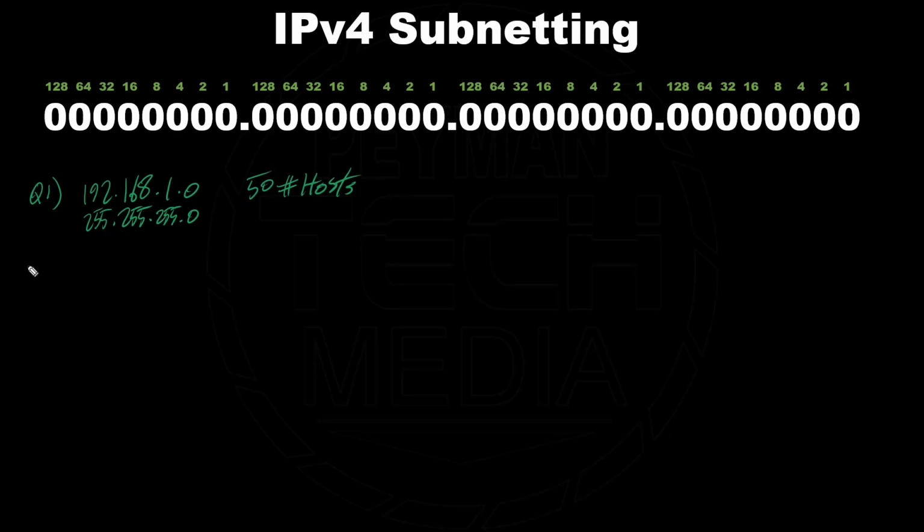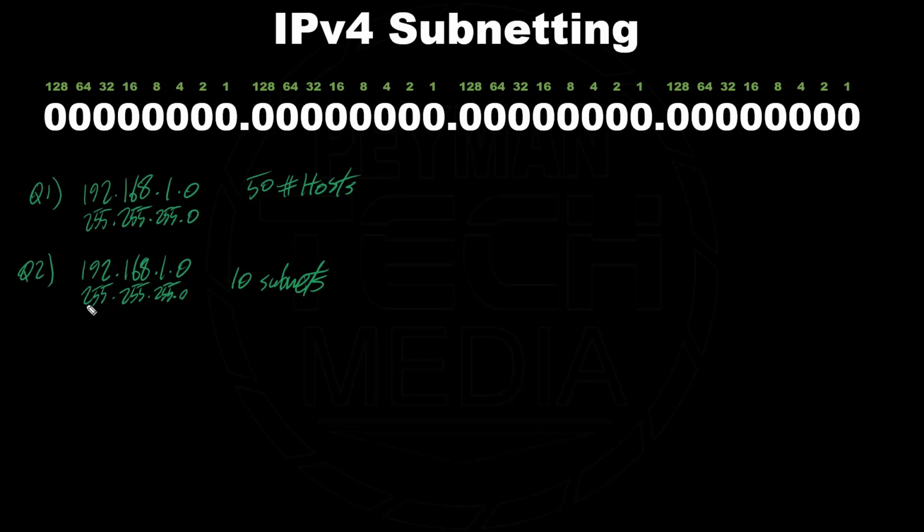Another, question number 2. They might say, okay, this is our network address 192.168.1.0, default subnet mask. Of course, this is a class C 192 network. Default subnet mask is 255.255.255.0. And they might say we need 10 different subnets.